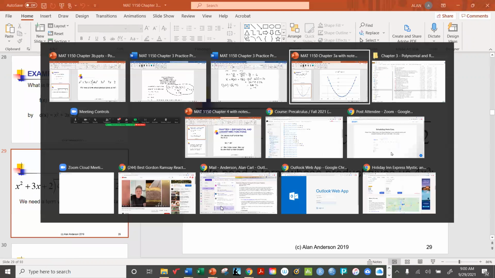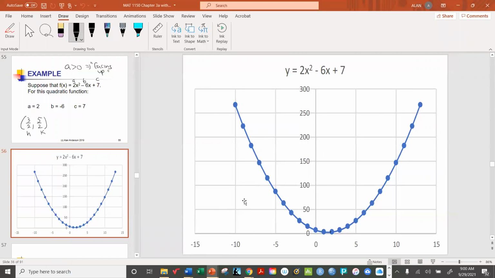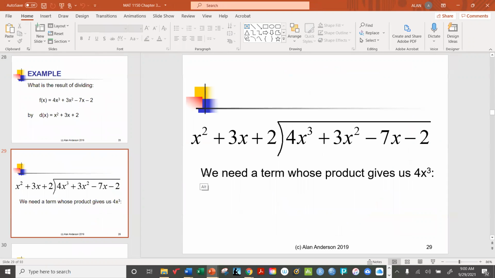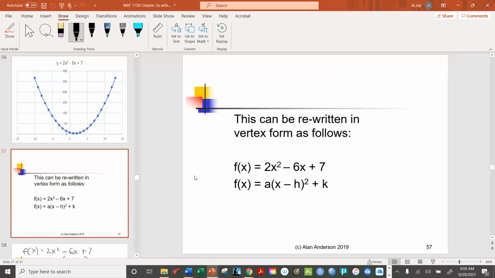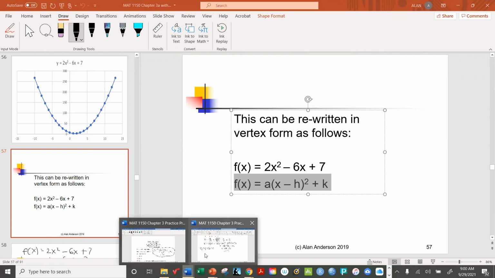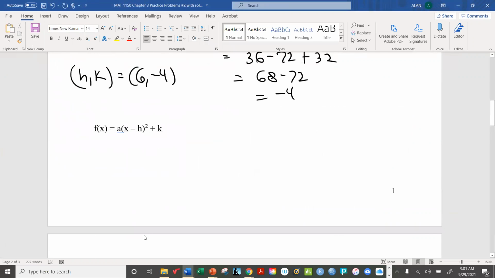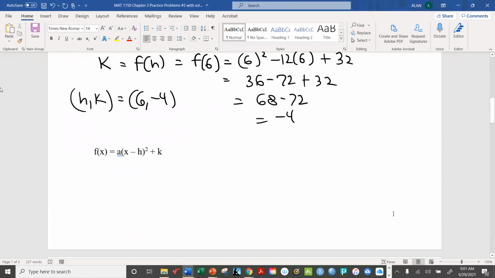But we're not done yet, because the general function for this is, let's see, we just had it. This is what you're aiming for. A times, all right, let me just copy this. So now you replace the h and the k, and you'll end up with the same function written in the vertex form.